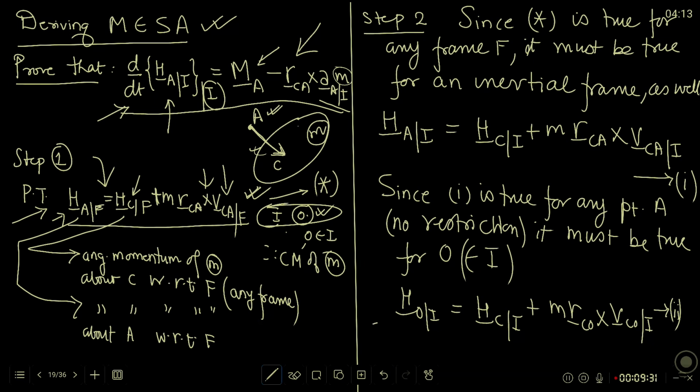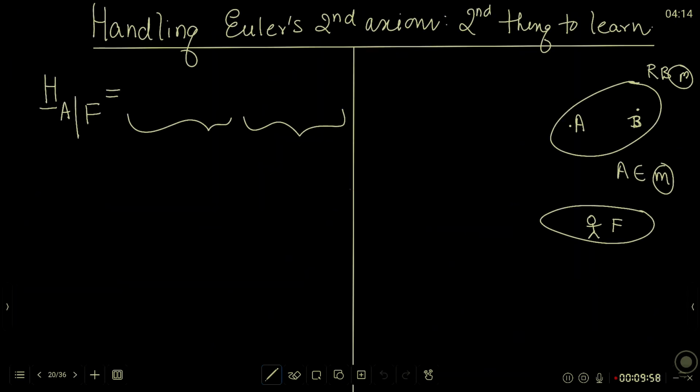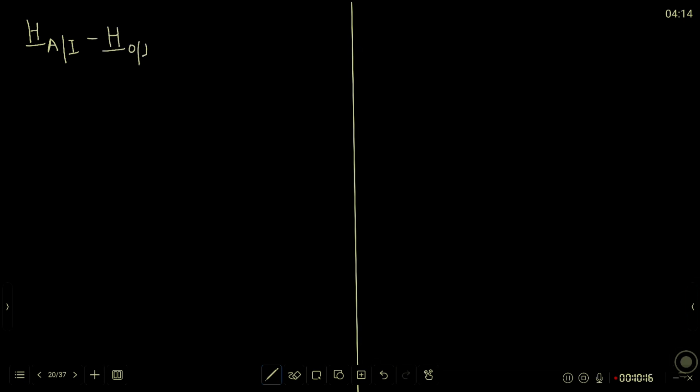I'm going to subtract 2 from 1. When I do that, HCI will drop out. I will get this is what I get.